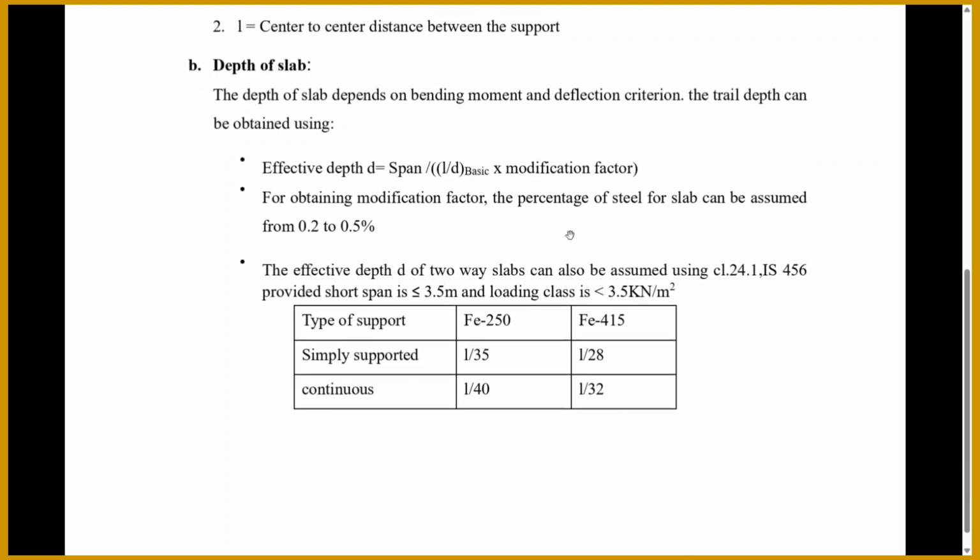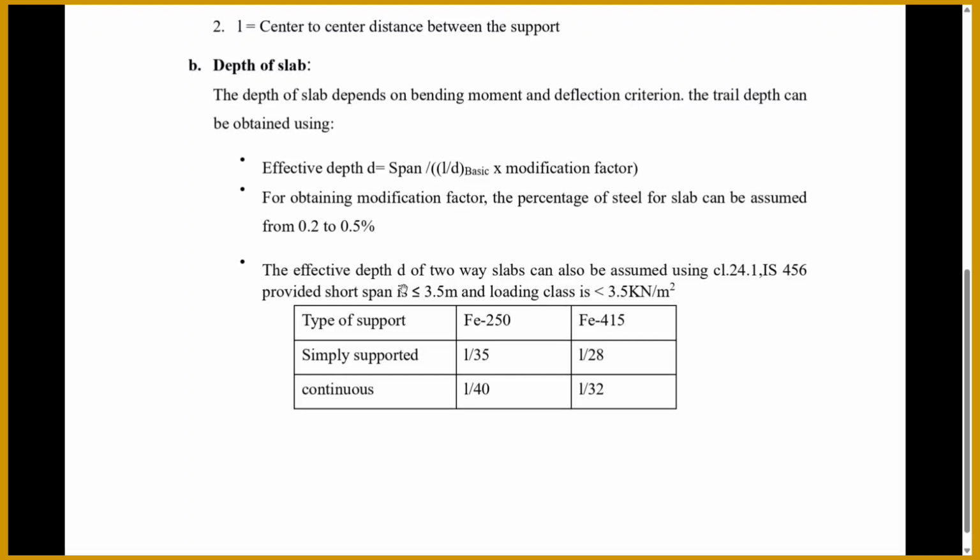We will see how to find the modification factor in the next video. For obtaining the modification factor, the percentage of steel for the slab can be assumed as 0.2 to 0.5%.